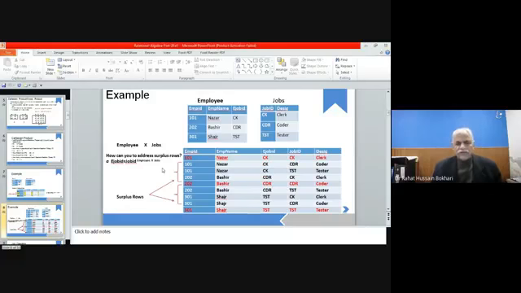So just remember, when a Cartesian product is carried out, it will generate some surplus, additional rows. And how do we avoid that when we do a Cartesian product?